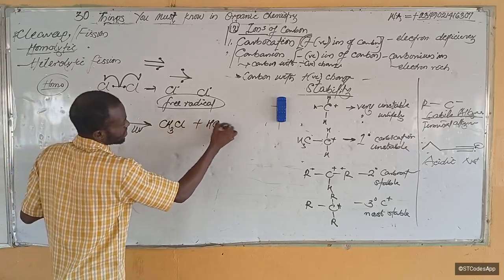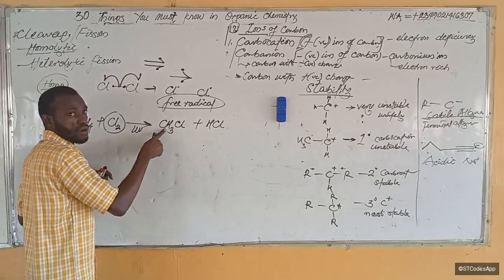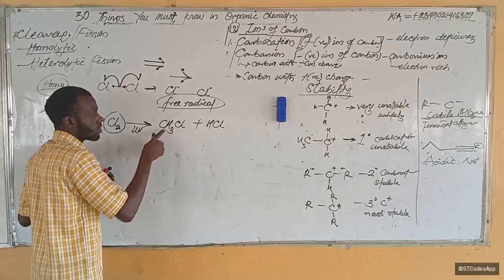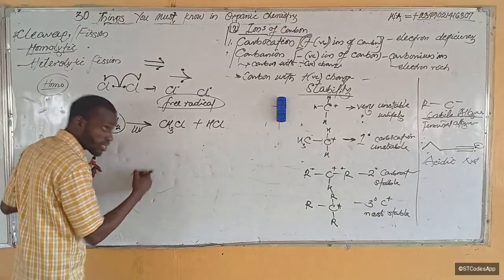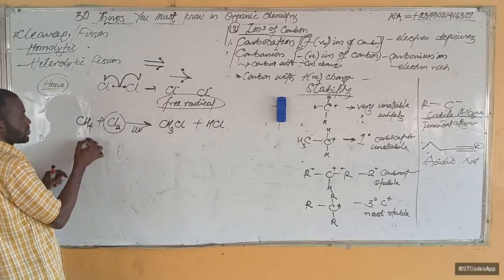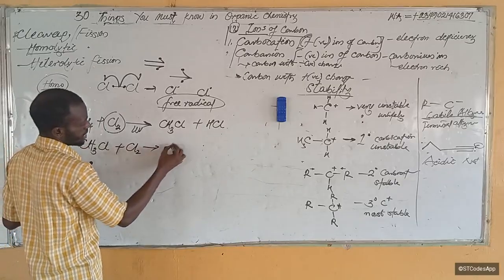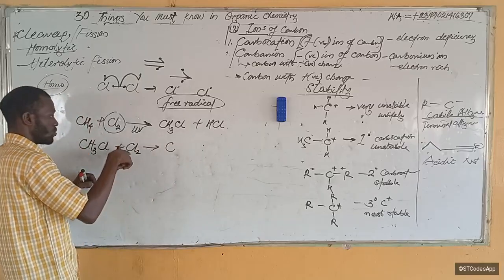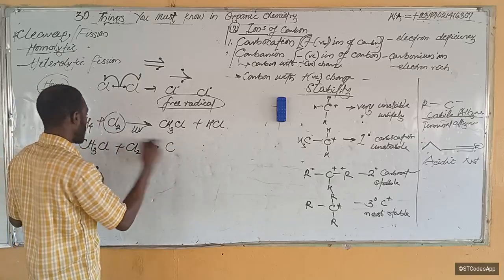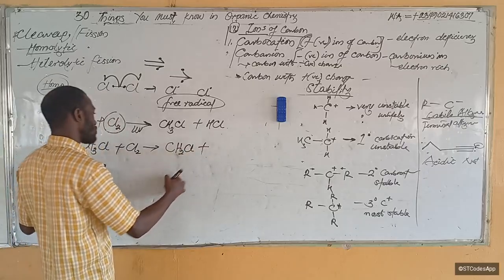And because of the presence of more free radicals, they can continue to break more hydrogens, and the reaction continues, plus Cl2, like that. Cl will break, more free radicals are formed, and then you keep substituting.